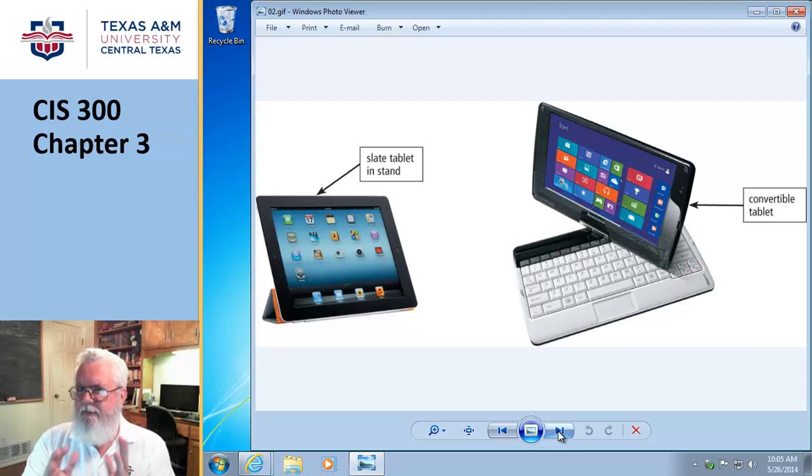So that's really kind of the distinguishing factor between a laptop and one of these tablets. Okay, so they talk about a tablet is a thin, lightweight mobile computer that has a touch screen or a pen screen.